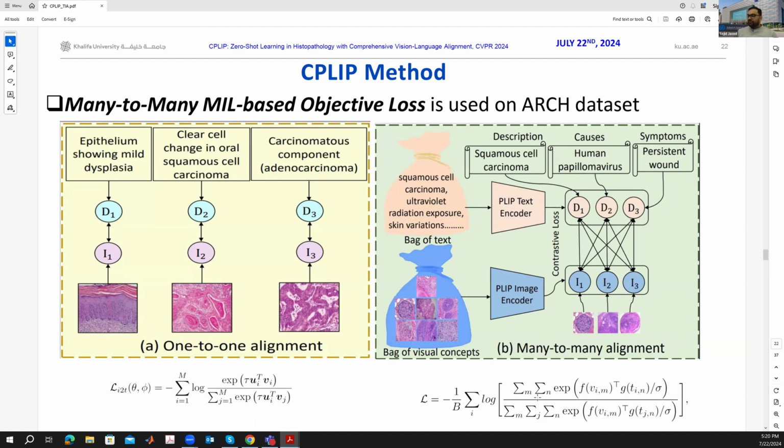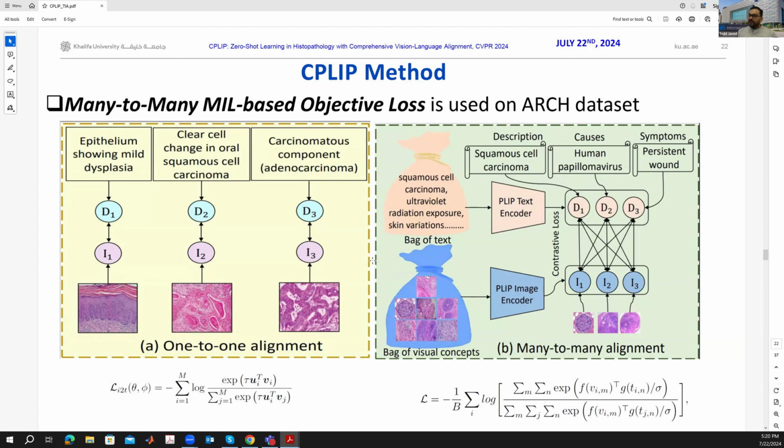Here, the idea is, within each bag, look at each image, and within each textual bag, look at each textual description. So if you find any positive pair, that will be drawn closer to each other, while the divergent pairs will be pushed apart. So this pre-training many-to-many loss function is trained on top of the ARC dataset.